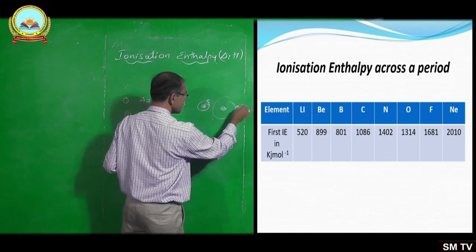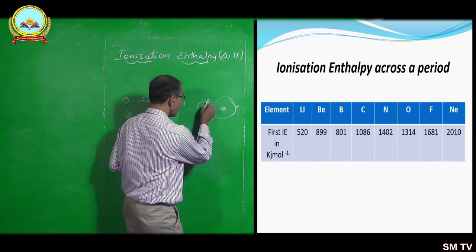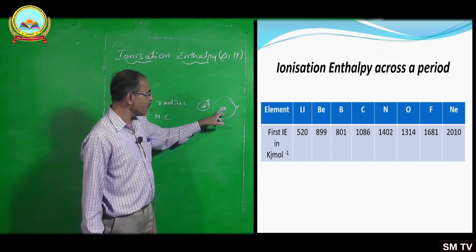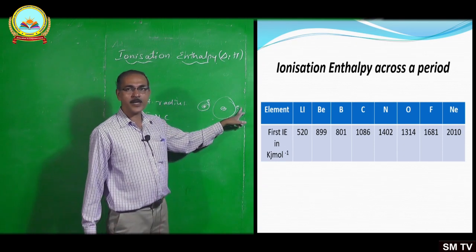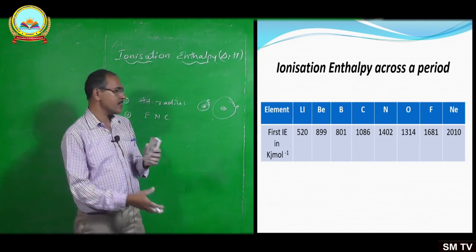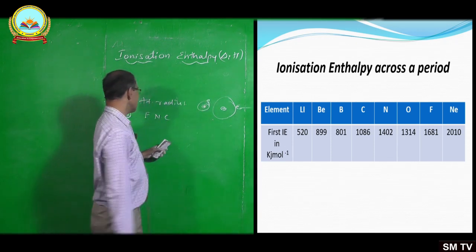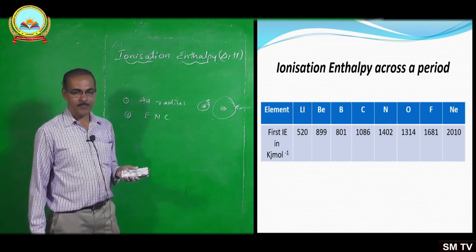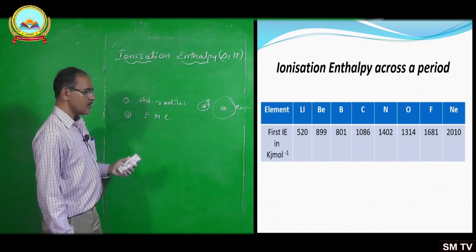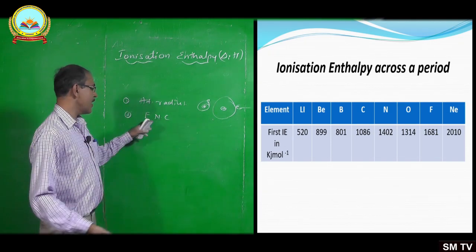There is an electron here, there is an electron here. Naturally, the force of attraction on the electron is more in case of the smaller atom. The force of attraction of the nucleus on the electron which is away from the nucleus will definitely be less. So less energy is required to remove this electron and more energy is required to remove that electron. Again, effective nuclear charge: if the effective nuclear charge is greater, the force of attraction is greater, therefore high energy is required to remove an electron.